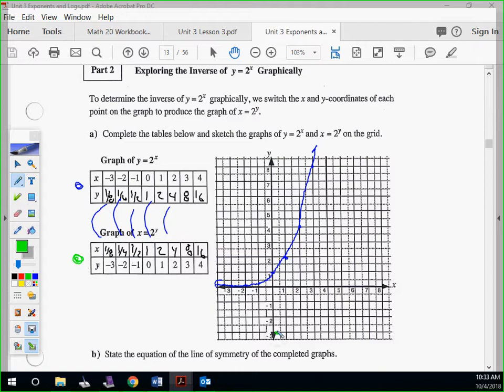At 1/4, I'm at negative 2. That's really, really close. At 1/2, I'm at negative 1. At 1, I'm at 0.